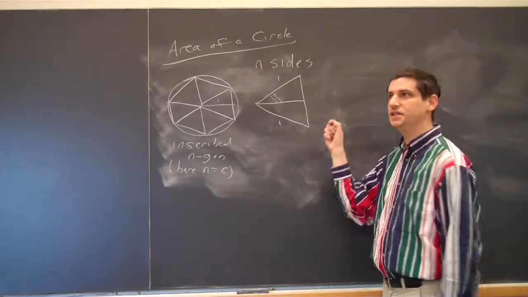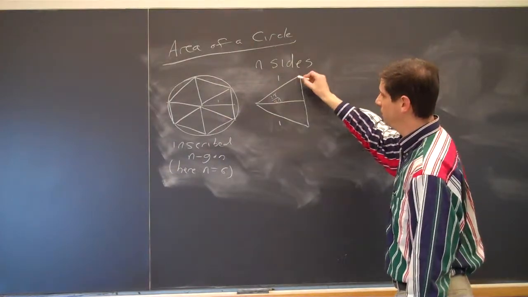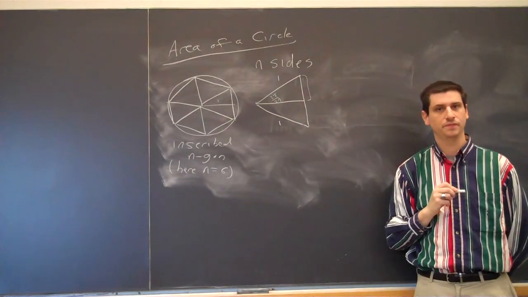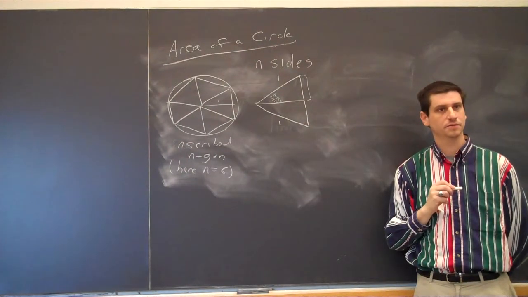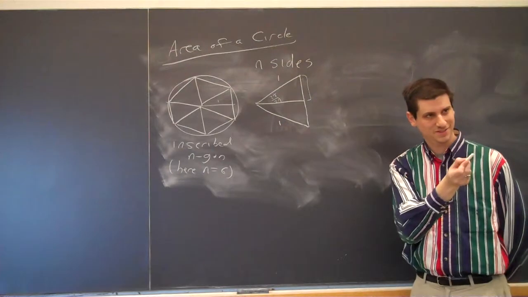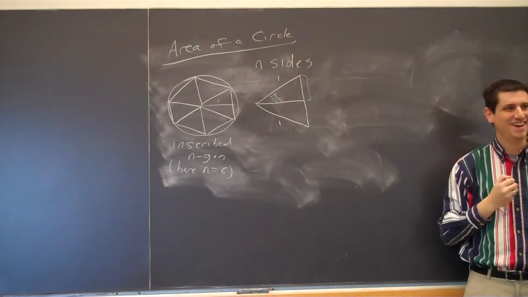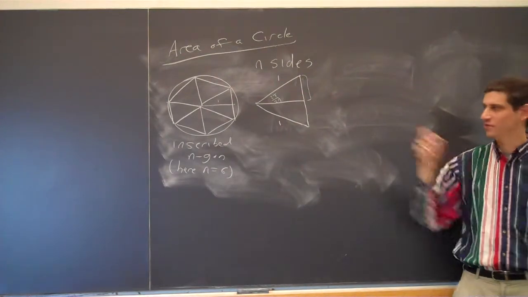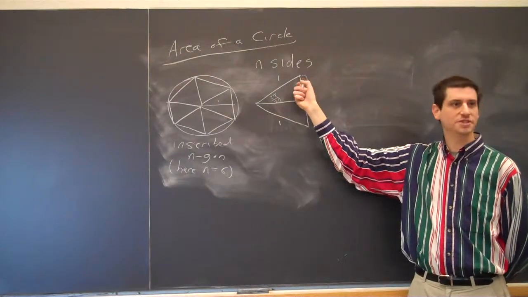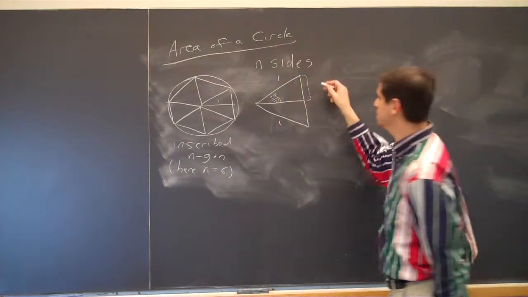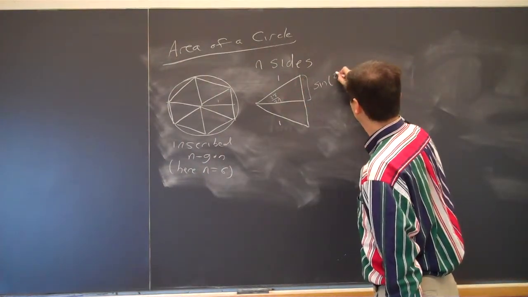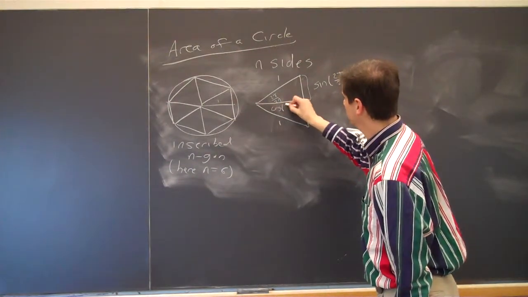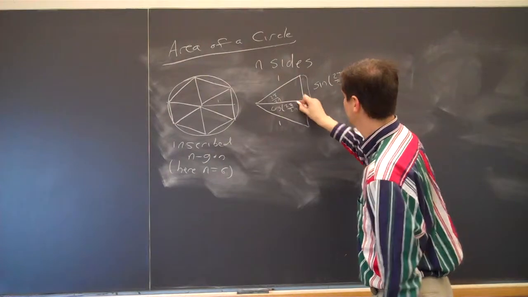Now we can calculate the area of the triangle. If this is 1, what's the length of that side? I have a triangle, I have the angle, and I want the opposite side. So it's just going to be the sine of 2 pi over 2n. This over here would be the cosine of 2 pi over 2n.